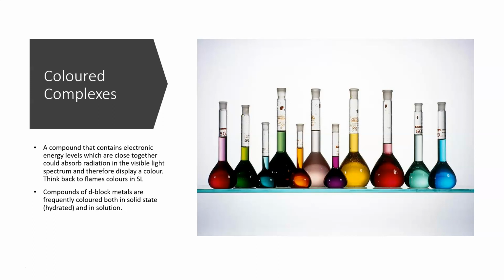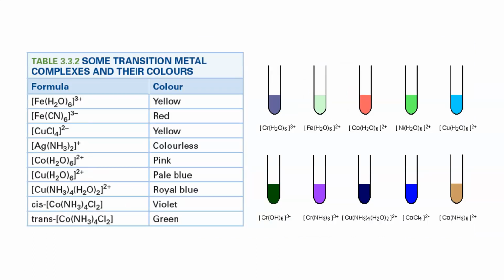So let's have a look at why these colours arise. The transition metal complex colours will change depending on what the ligands are. You can see here that the hexaaqua iron(III) complex will have a yellow colour, whereas the hexacyano complex is red.